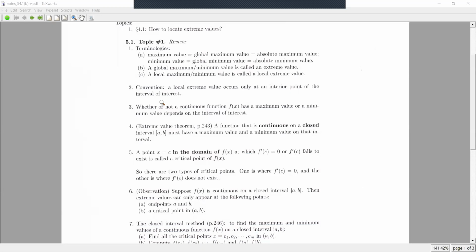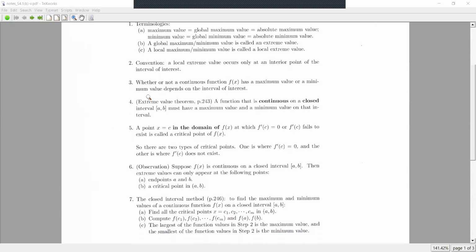For example, if a local maximum value occurs at one endpoint of the interval of interest, then the book doesn't consider it as a local maximum. Similarly, if a local minimum value occurs at an endpoint of the interval, the book doesn't count it as a local minimum.